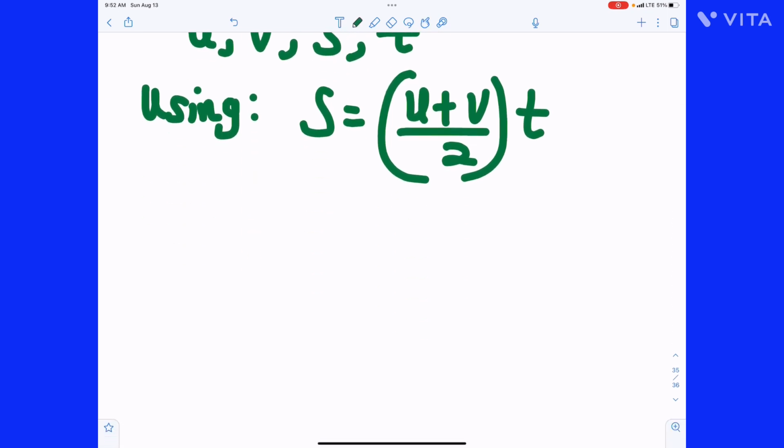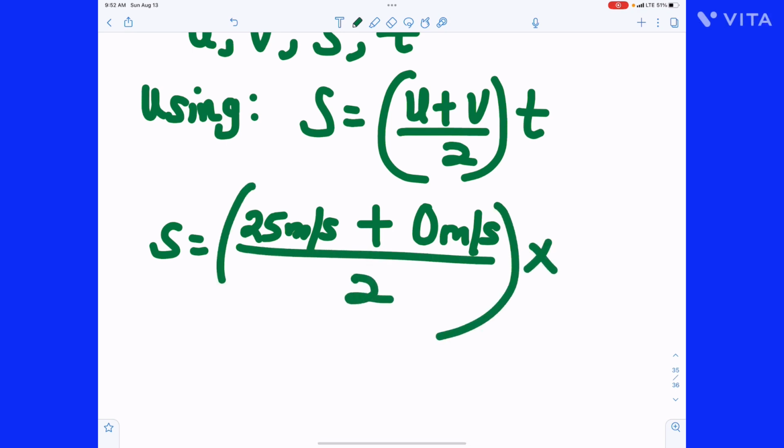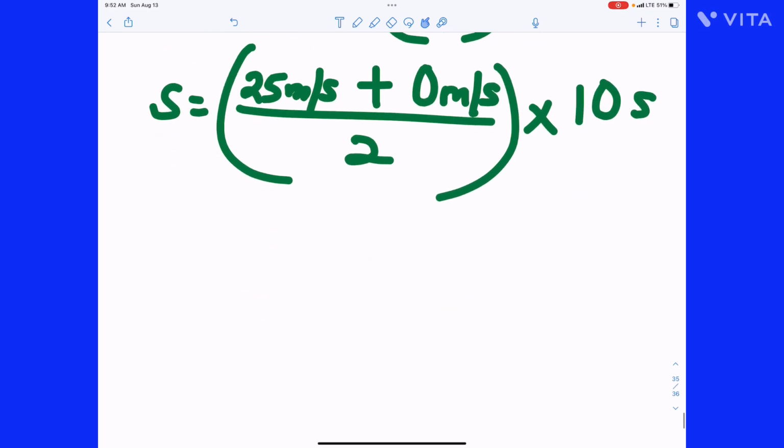Distance is equal to average velocity times time. So the distance traveled, it was initially moving at 25 meters per second. It was slowed down to 0 meters per second over 2 times 10 seconds.